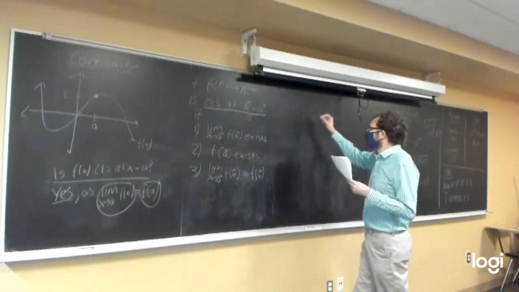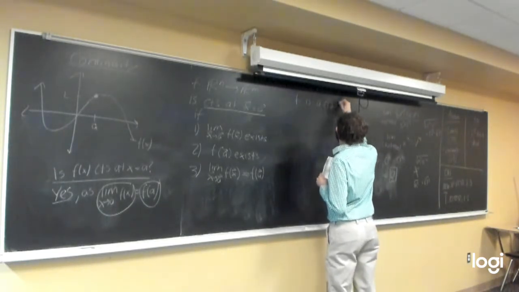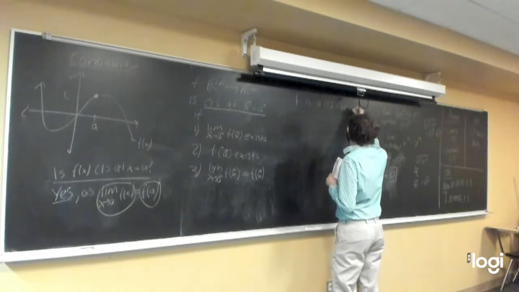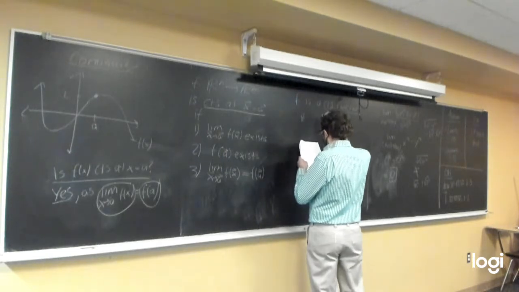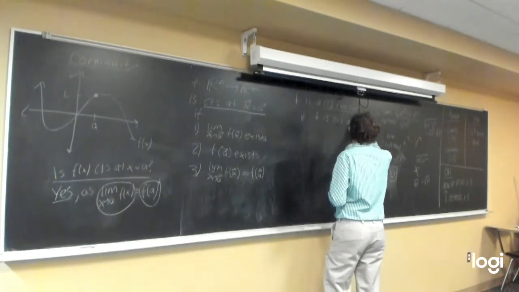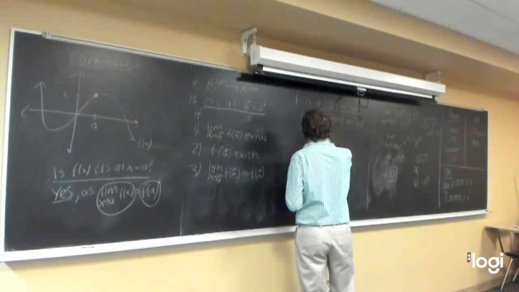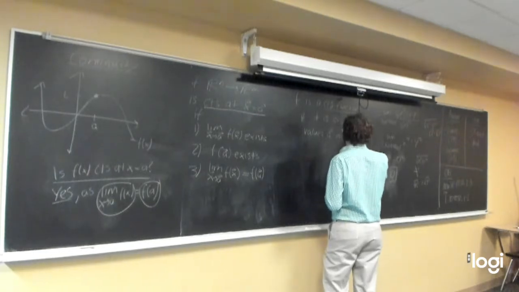We can also say in general that f is just a continuous function, without specifying the a, if f is continuous at all values a in the domain of the function.